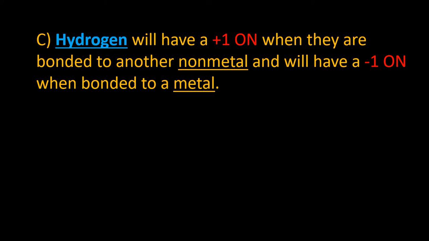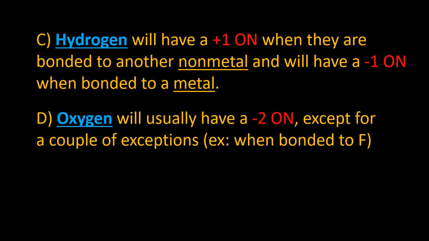You just need to remember that they are positive on the left side. Okay, hydrogen, remember, acts like an alkali metal over on the left and acts like a halogen over on the right in group 7A. Hydrogen acts like both of those. So when hydrogen is bonded to another nonmetal and it's acting like an alkali metal, it will have a +1 oxidation number.